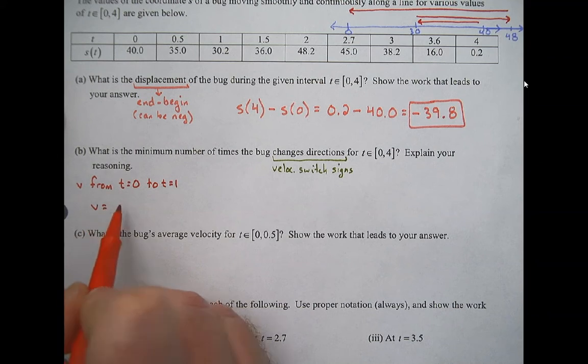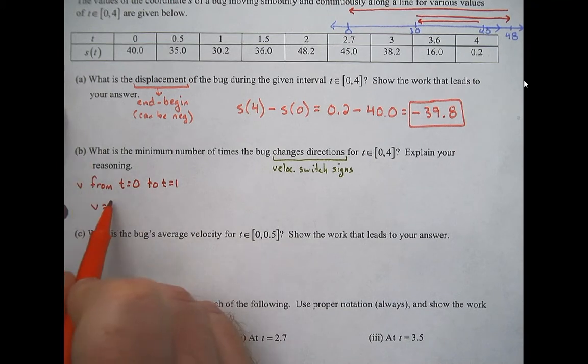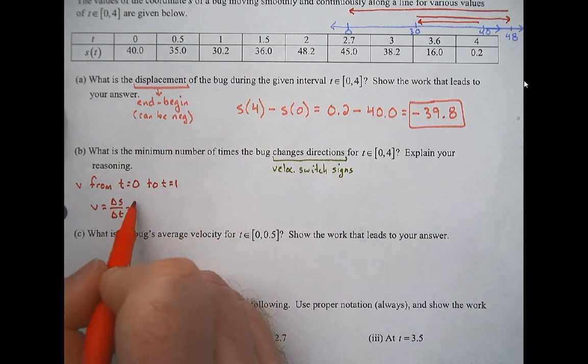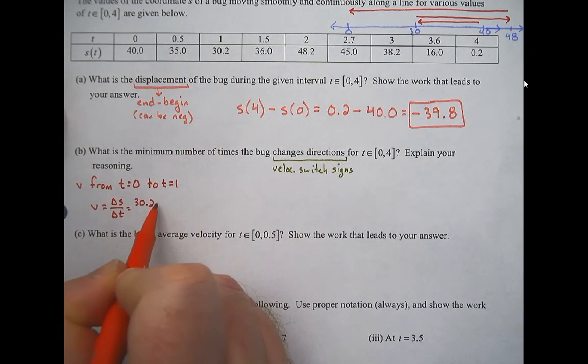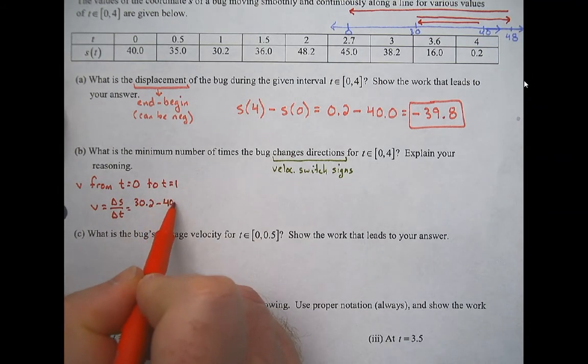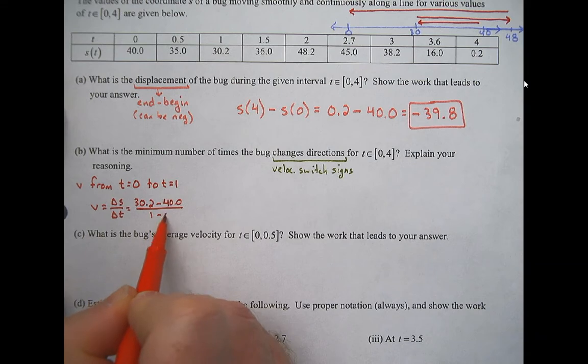Velocity is a change in position divided by a change in time. So what is our position change? Well, at time 1, we're at 30.2, minus at time 0, we're at 40, over 1 minus 0.